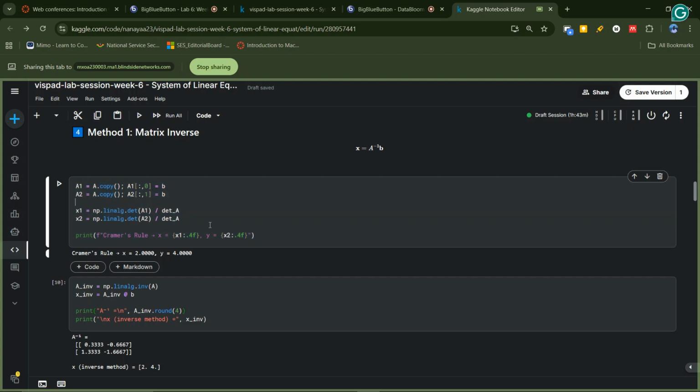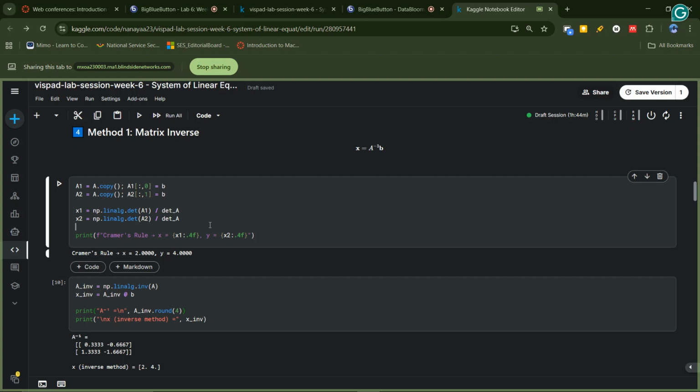Now let me break things down for you to understand what it's trying to do. You remember the value of matrix A we've been using all this while. Please grab a pen and paper, just in case you're not able to understand the abstract things I'm saying. If I'm just speaking, you may not understand me. Remember the system of equations defined earlier, where our matrix was negative 5, 2, negative 4, and 1.